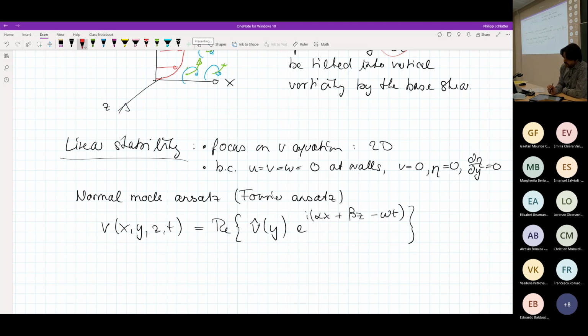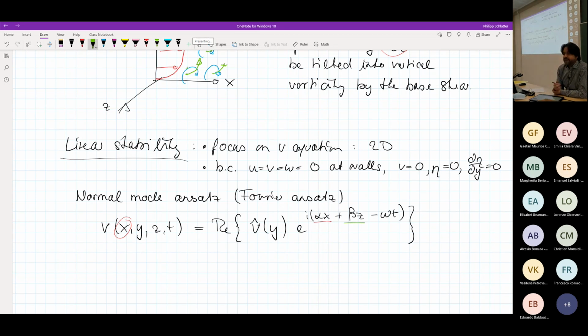Now, you may wonder about a few things. First of all, the way that I'm writing it here is a convention, where I'm taking out the I. So what I have left is alpha times x plus beta times z, which are the spatial dependencies. It may look a little inconsistent that I have alpha times x, the x dependence, but then beta times z. More consistent would be gamma times z, because b would be the second letter, which would be in the vertical direction.